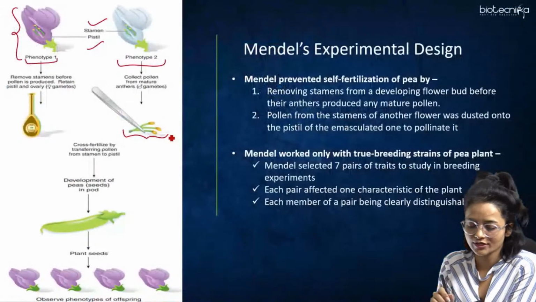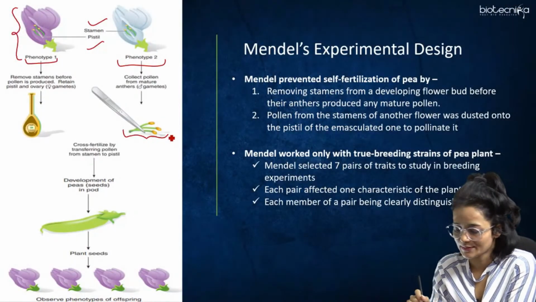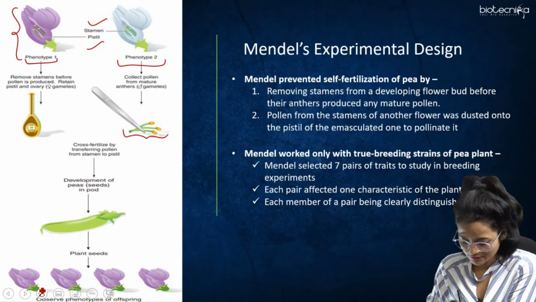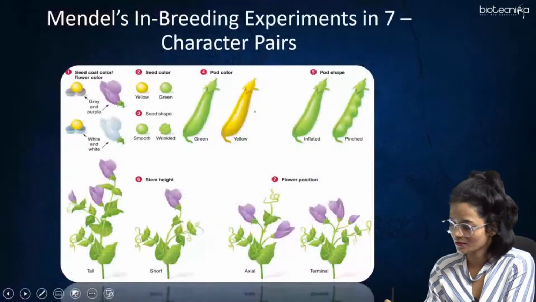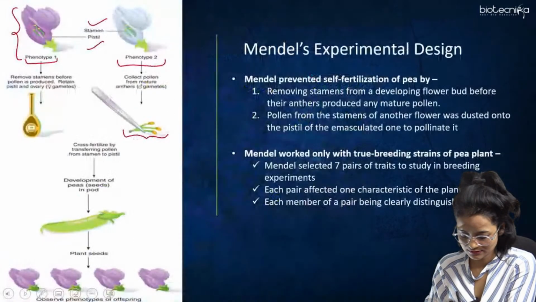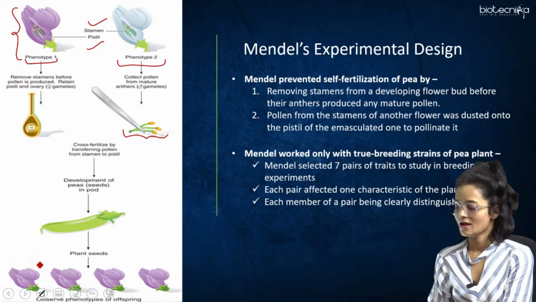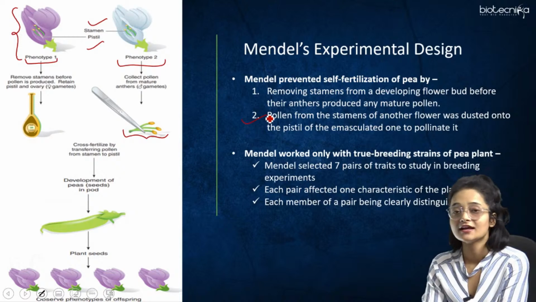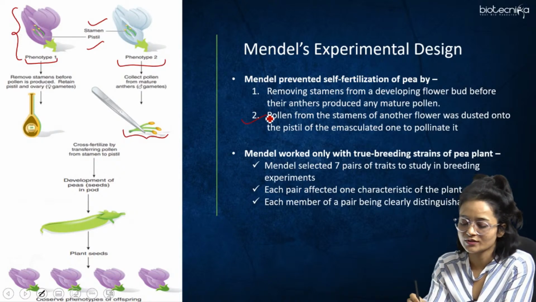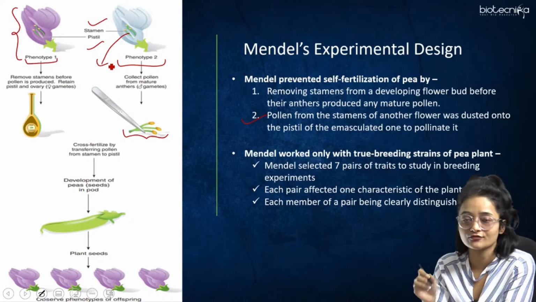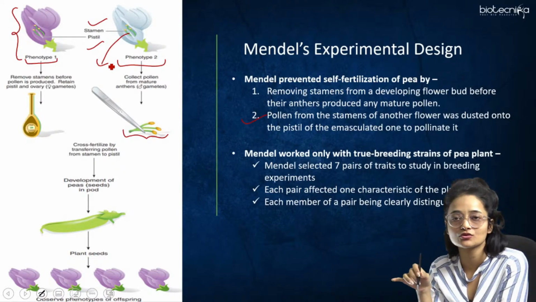So he removed these stamens. After that, he took the pollen from the stamens of another flower. From here, the pollen was taken from another plant and dusted onto the pistil.